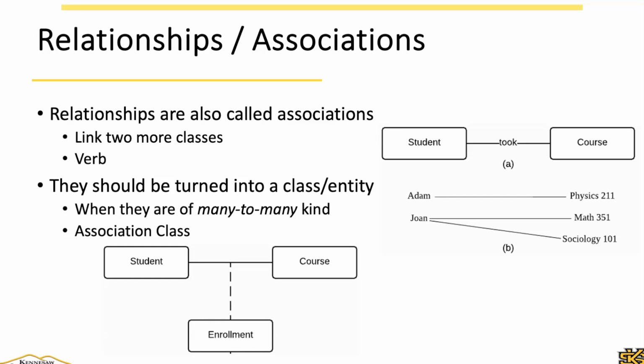This table or class holds the necessary information to connect the initial two classes, in order to break the many-to-many relationship into one-to-many relationships. Like the example we have here, student to course, and the enrollment is the association class, or in the implementation phase, the association table.